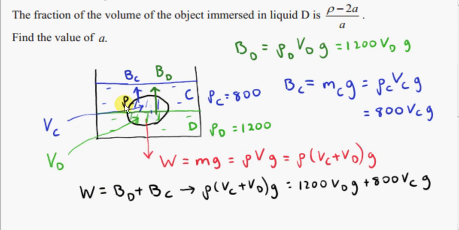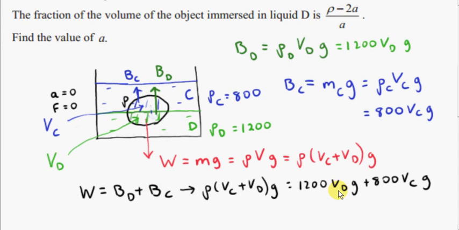So this object is in equilibrium. Its acceleration is 0. So the resultant force on it is 0 by Newton's second law. So the sum of the upward components equals the sum of the downward components. There's only one downward component, W, and that must equal the sum of the upward components, BD and BC.